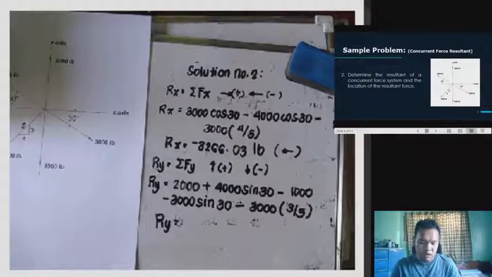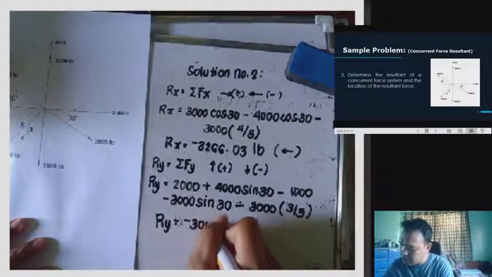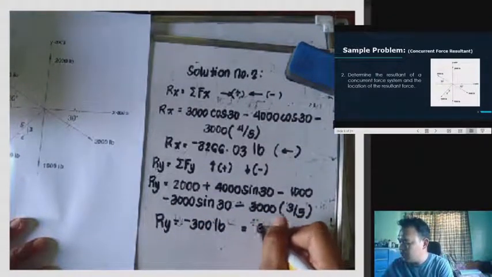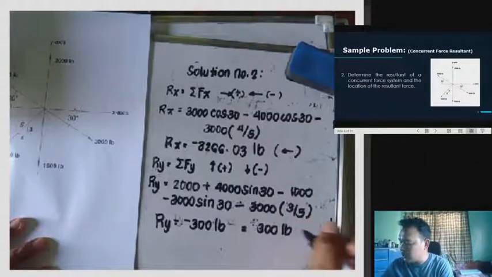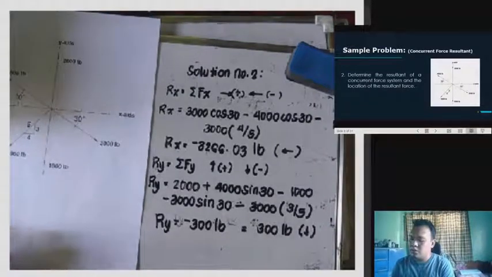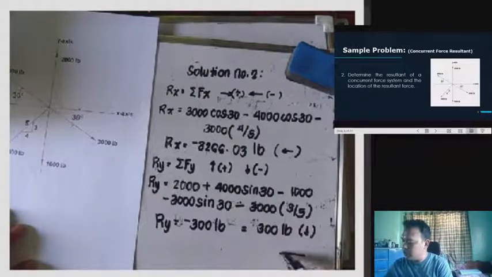So we have here negative 300 pounds or equivalent to 300 pounds. The direction will be going downward kasi nga negative siya, no? So lalabas, meron tayong resultant force na kung ito ay going to the right na Rx, tapos may going to the downward tayo na Ry, so ito yung magiging resultant R natin, no?